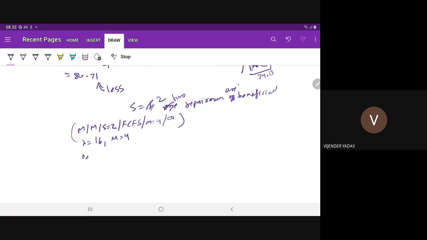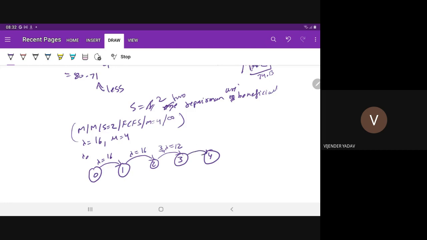So from here we have, initially there are 0 customers, then 1 customer, then 2 customers, then 3 customers, and at most we can have 4 customers. So the arrival rate will be 16, and here only 3 by 4 of the customers will join, so it becomes 12.